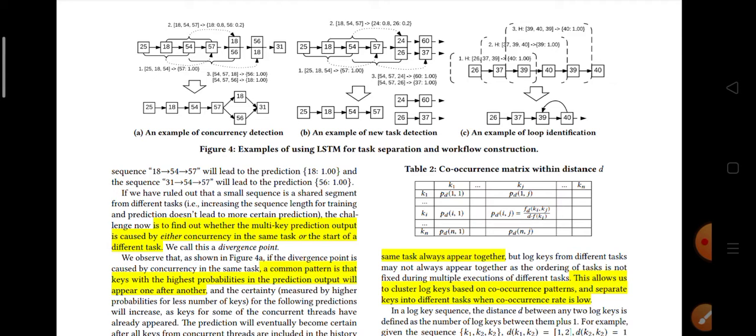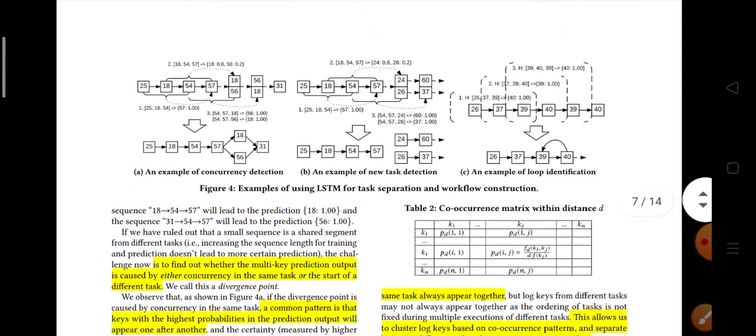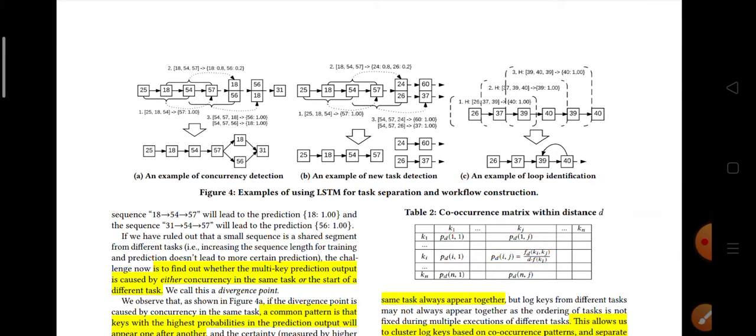Our goal is to find out the list of tasks, right? So here you see the second B, the example of new task detection, 25 18 4 54, 18 54 57, the next one. And the third one is, you see, it was 24 and 26, two log keys that have probability, but they are not repeating one after the other.